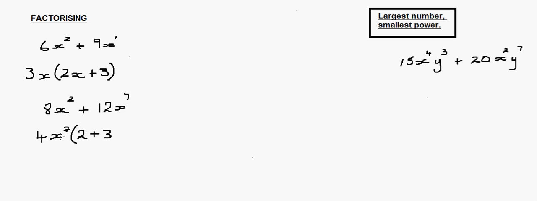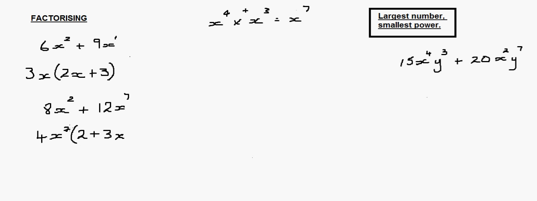3 times 4x squared will give me 12x squared, but we want x to the power of 7. You should know that, for example, x to the power of 4 multiplied by x to the power of 3 gives x to the power of 7, because when we multiply we add the indices. So if I'm multiplying x squared by x to the power of something, I need x to the power of 7.